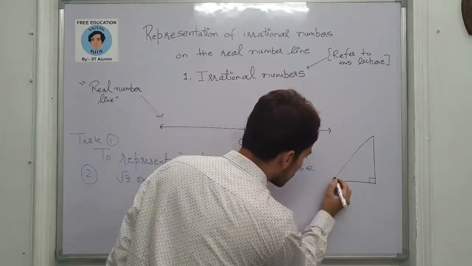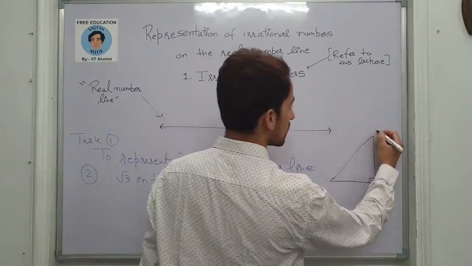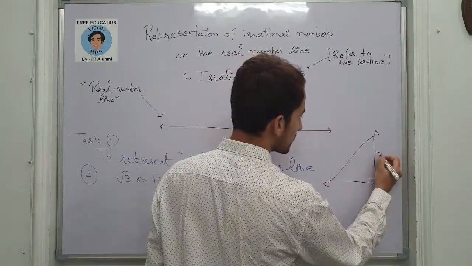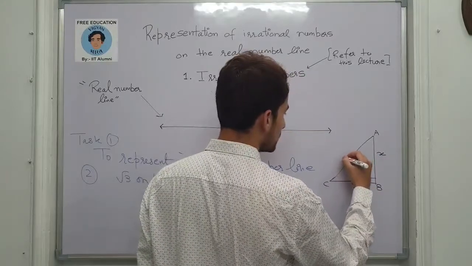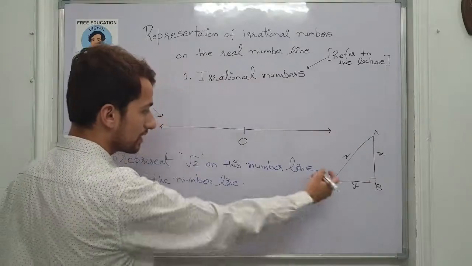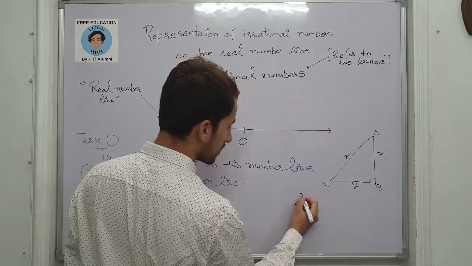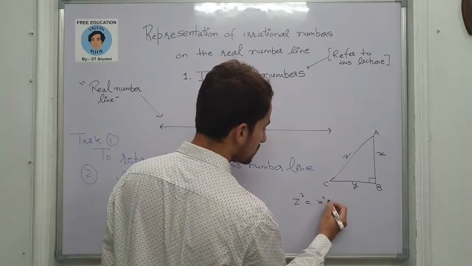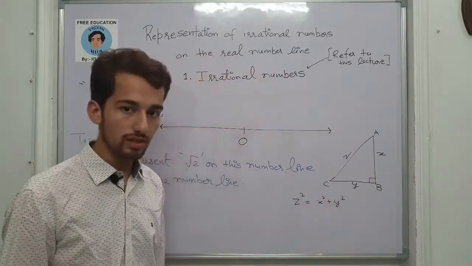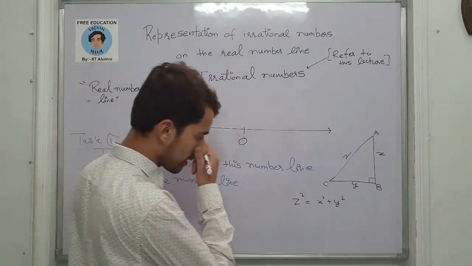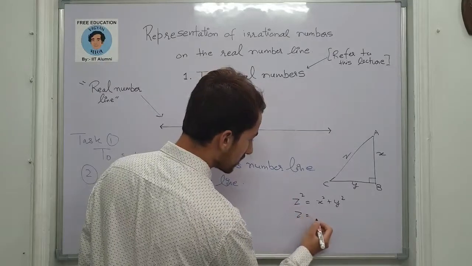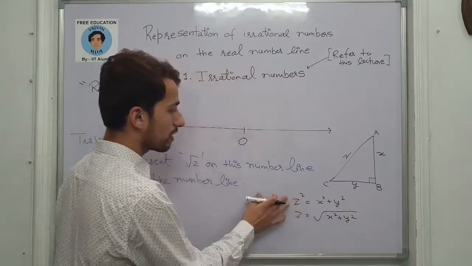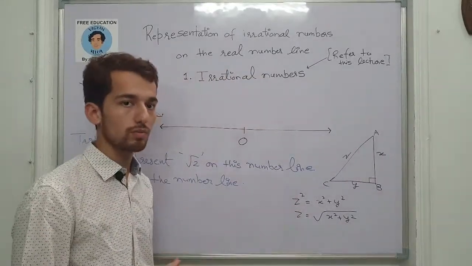Let me call the vertices A, B, C, with the right angle at B, and the sides X, Y, and Z. The Pythagoras theorem says that the hypotenuse squared equals the sum of the squares of the base and perpendicular, that is z squared equals x squared plus y squared. From here the side z is given by the square root of x squared plus y squared. Coming to this step, I have just taken the square root on both sides.